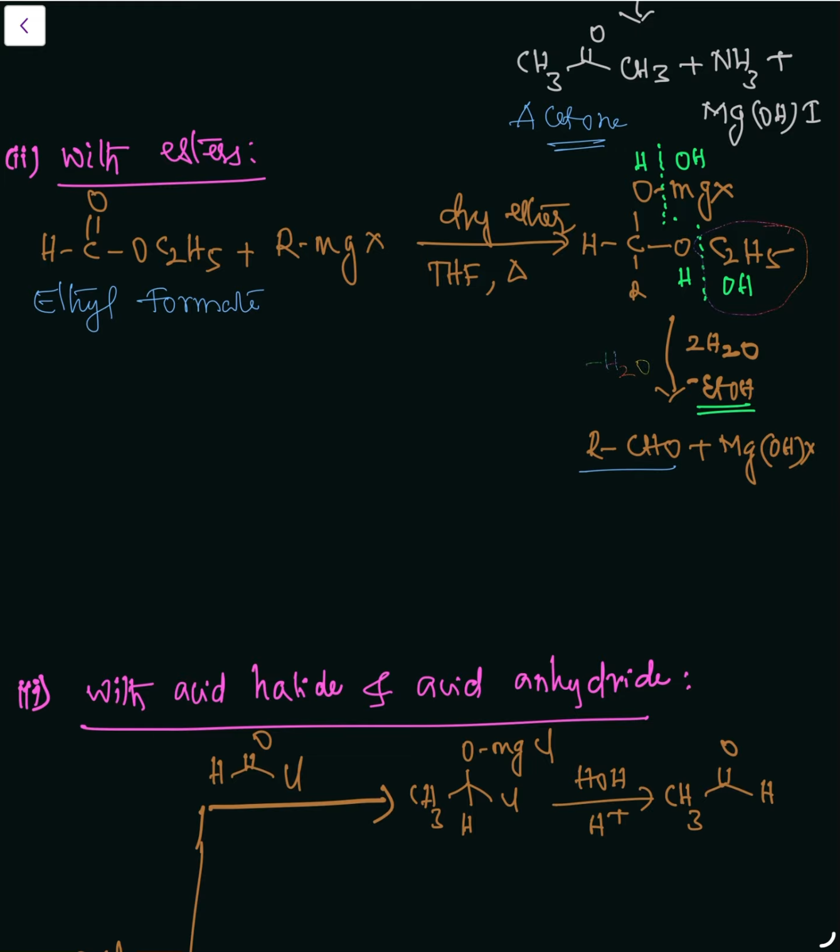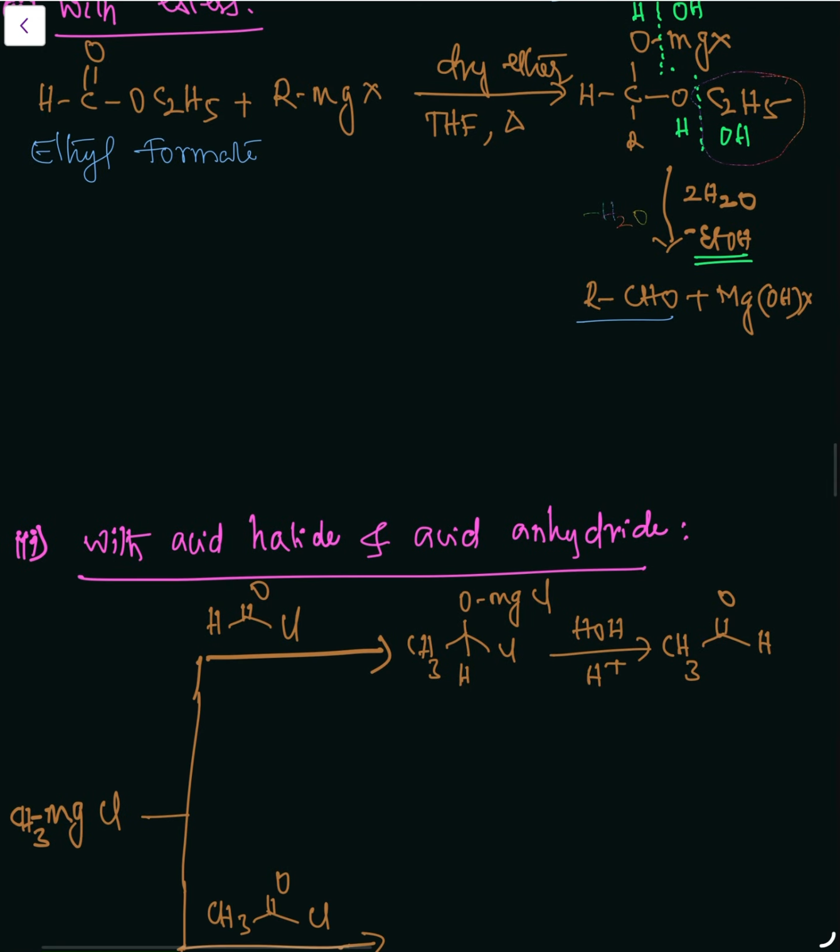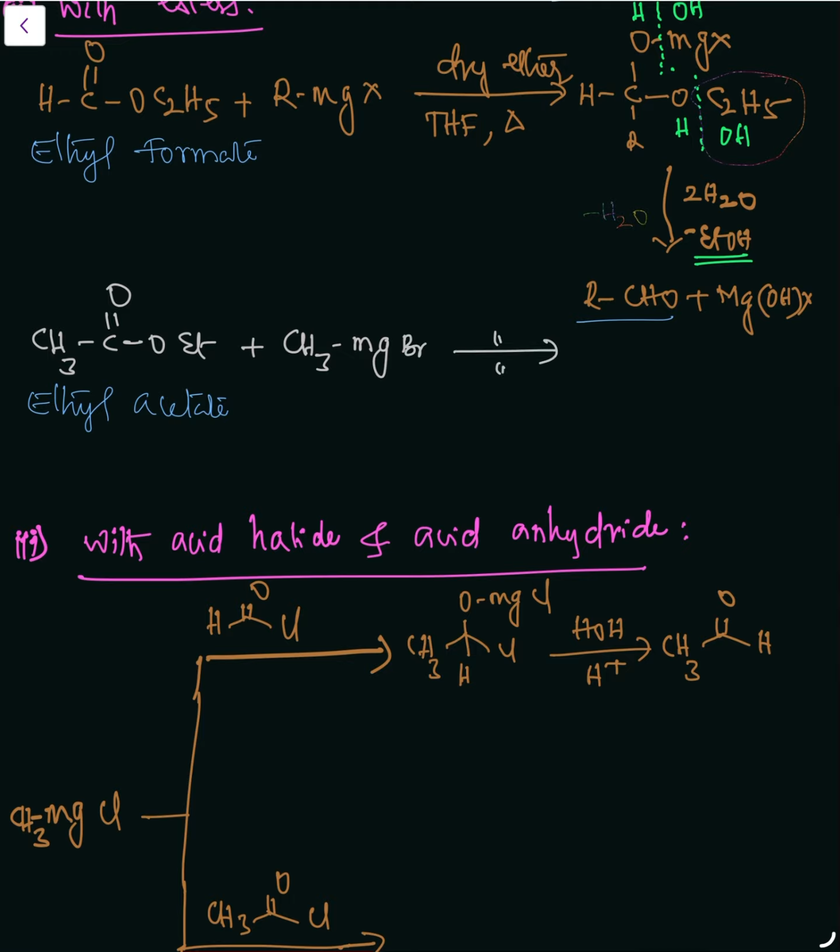I'll take an example, let us see, CH3 C double bond O Et. This is nothing but ethyl acetate. This ethyl acetate reacts with CH3MgBr in the presence of the same reagent.